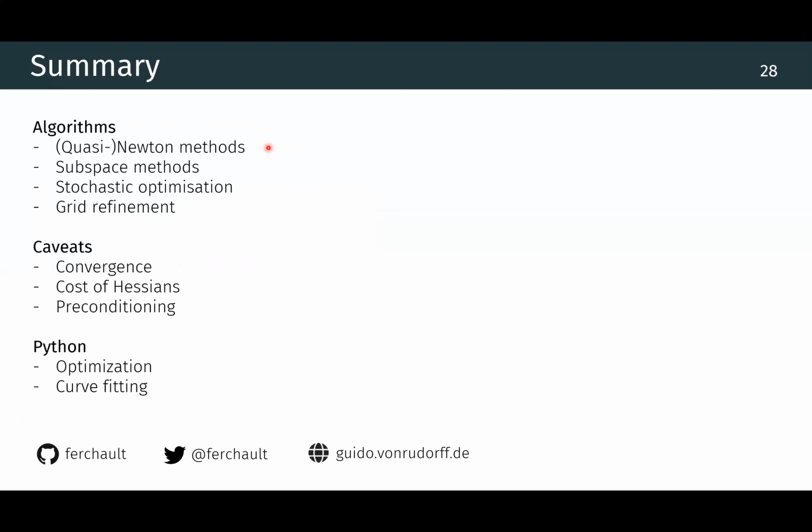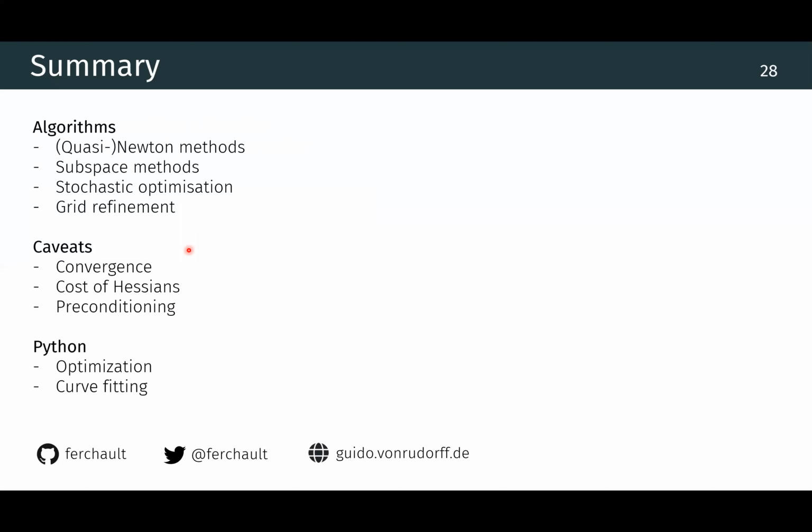So we have the quasi-Newton methods like LBFGS, which works for low dimensionality but is fairly reliable, with subspace methods such as CG for large dimensions, where it's stochastic optimization if you have a very irregular surface you'd like to optimize. And we have grid refinement if nothing else works, or if you need to look at all those points individually.